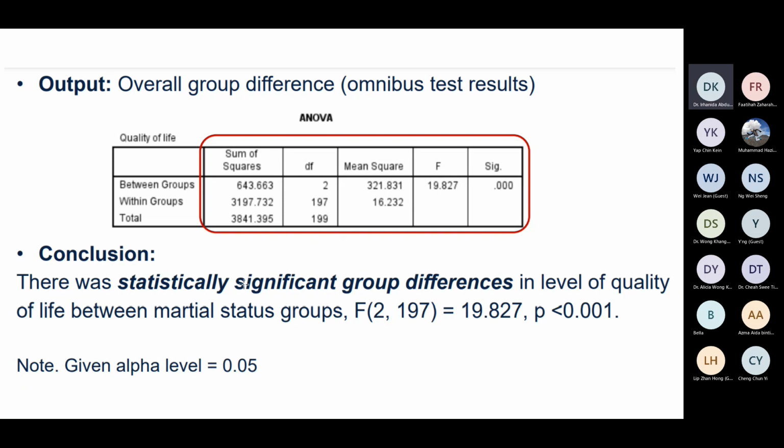Okay, .001, it's more precise. So there is a significant group difference between married, separated, and single groups.